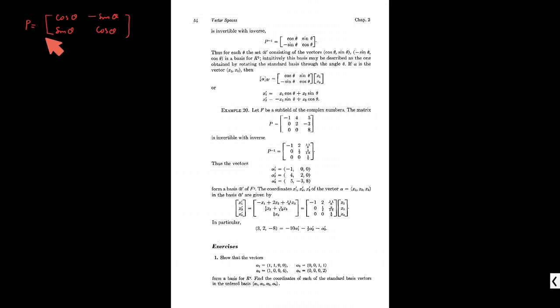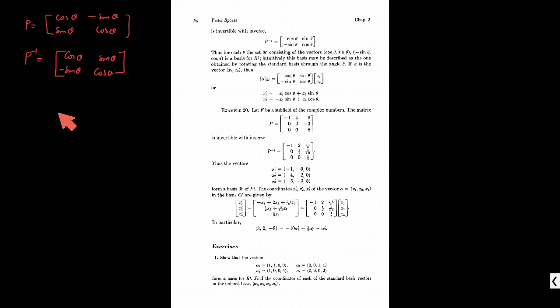You can easily verify that the determinant of this matrix is cos square theta plus sin square theta, which is equal to 1 always for a fixed real number theta. So this P inverse can be obtained, since the determinant is 1, by taking just the adjoint of this matrix, that is cos theta here, and we have minus sin theta and sin theta. This is the inverse of this matrix P.